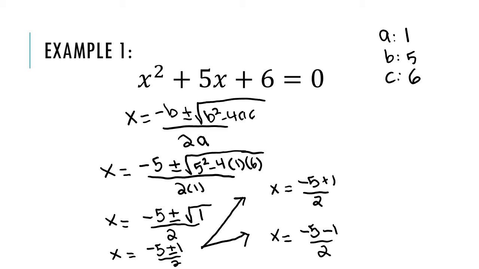Now, if we put the first fraction in the calculator, we're going to end up with the value of negative 2. And if we put the second x value in the calculator, we're going to get the value of negative 3. So the solution is negative 2 and negative 3, which is exactly what we got when we solved this quadratic using factoring and when we checked the solutions graphically.